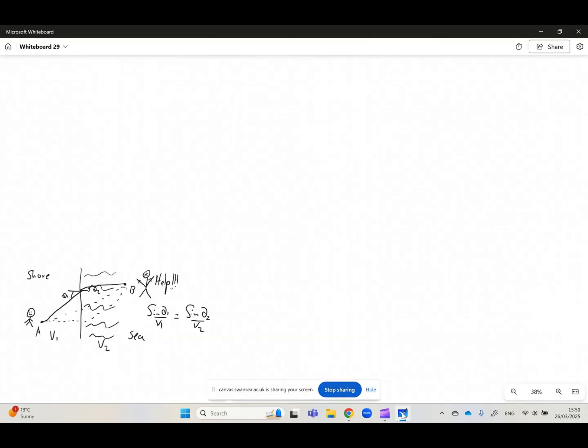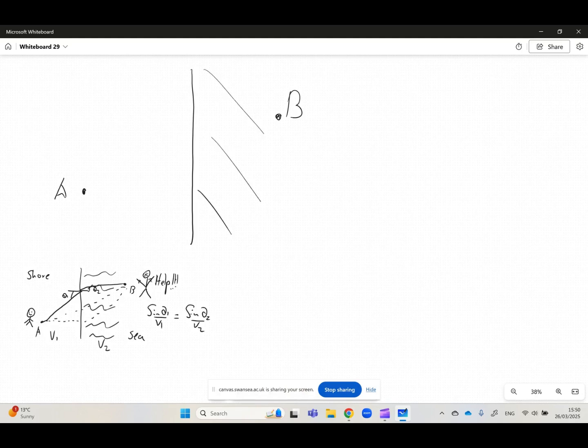So let's parameterize the problem as follows. Again, this is the point A, this is the point B, and let's consider the distance, this distance, let's call it y.